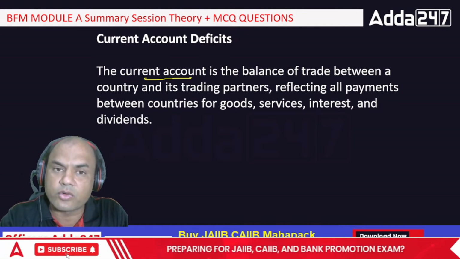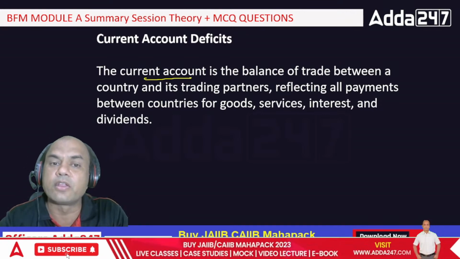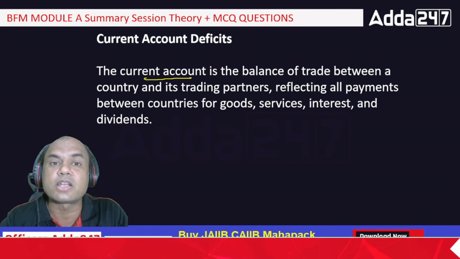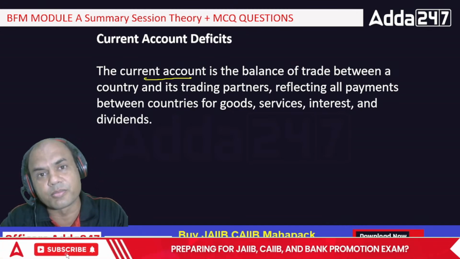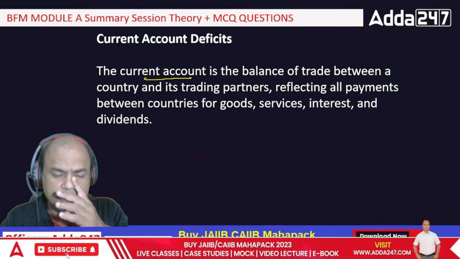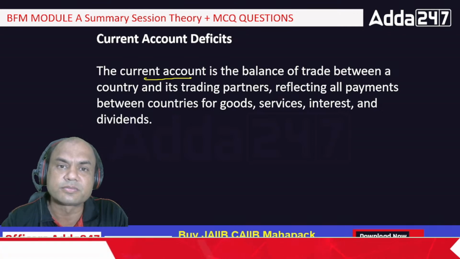The current account deficit will be different for the India-US relationship and different for the India-China relationship. So current account deficit is not a single term for all the countries. Some countries have high current account deficit, some countries will have lower current account deficits.